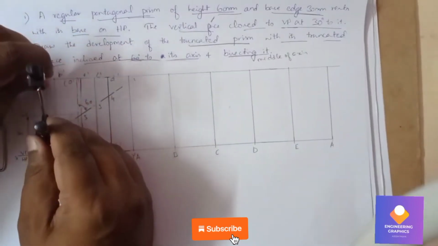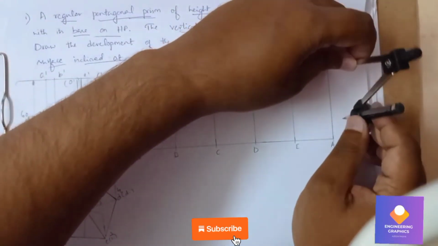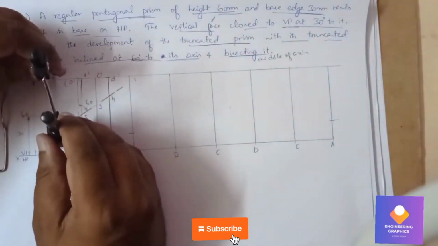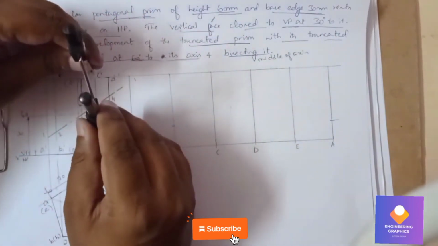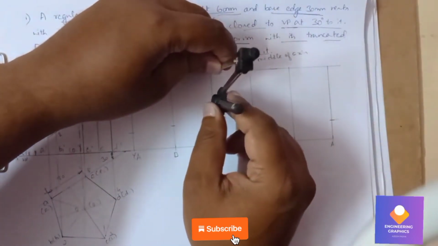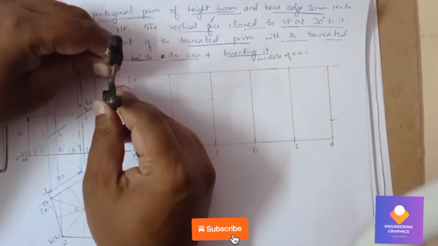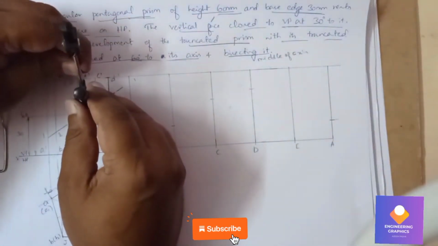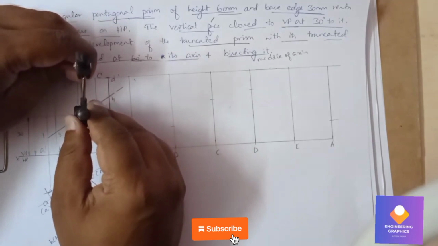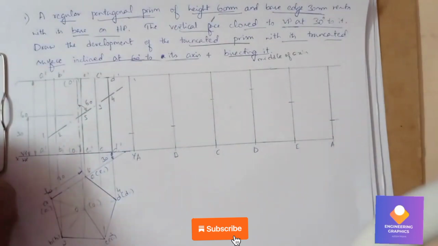So you can just measure the length from the top surface. Length 1 we cut on A, then length 2 we cut on B, length 3 we cut on C, length 4 we cut on D, and length 5 we cut on E. With the help of a compass we can measure the length and cut the reference points.